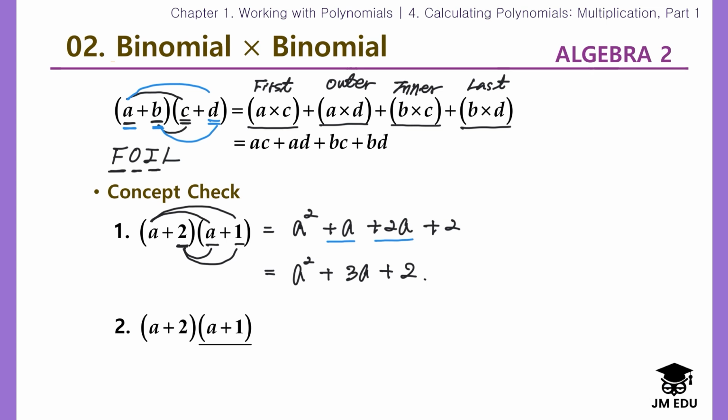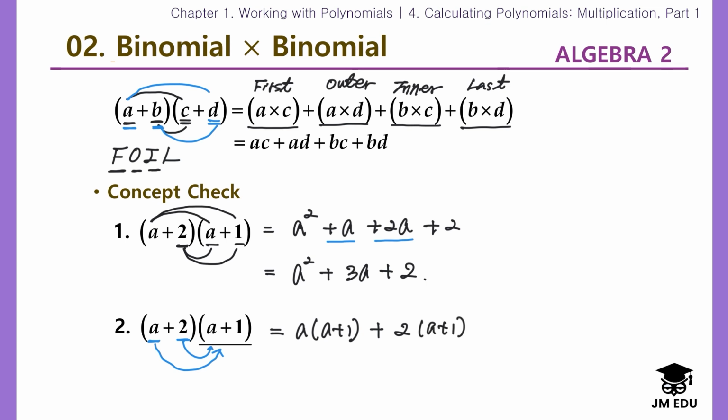Okay, so this is going to be equal to A times all of this, A times A plus 1, plus 2 times all of this, A plus 1. I'm using the property of distribution, okay?